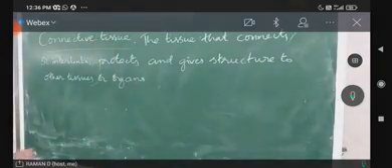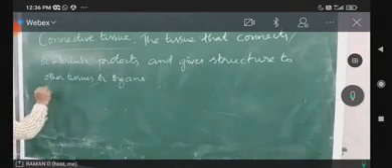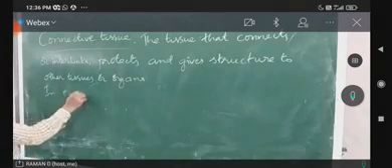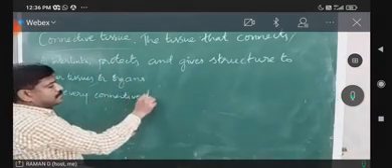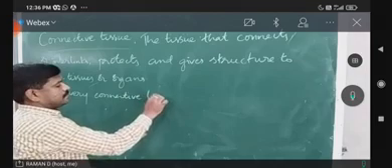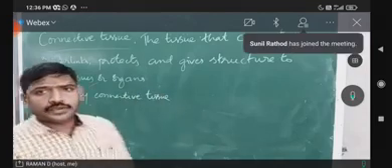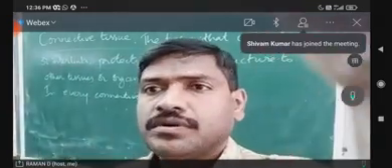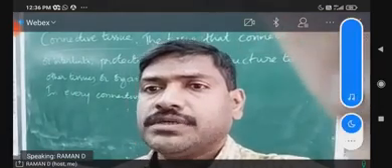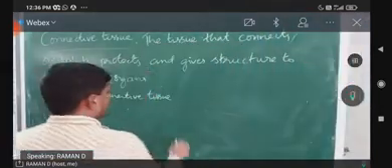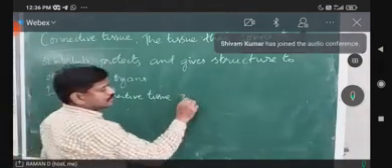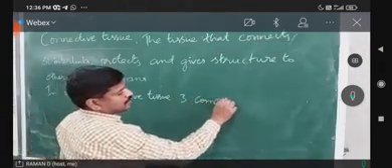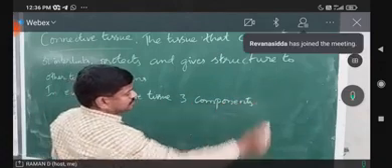In every connective tissue, three components are there.